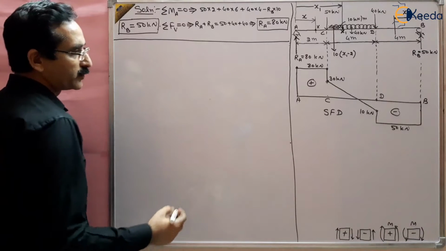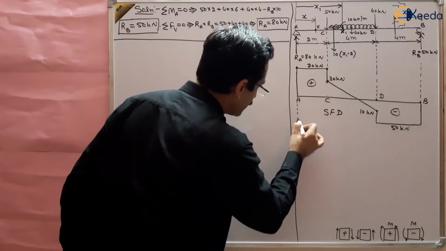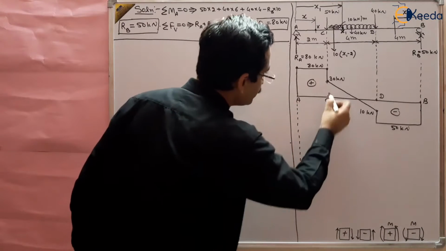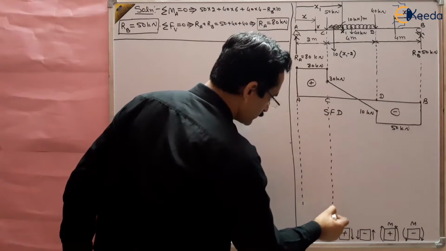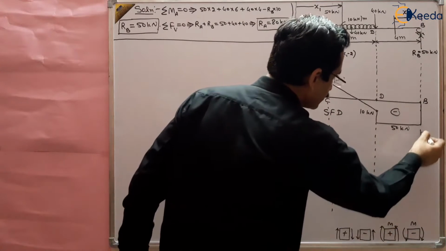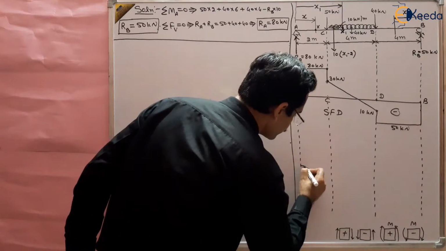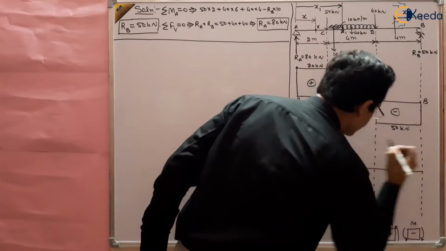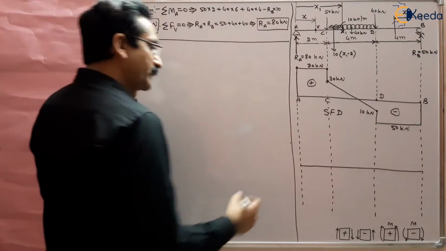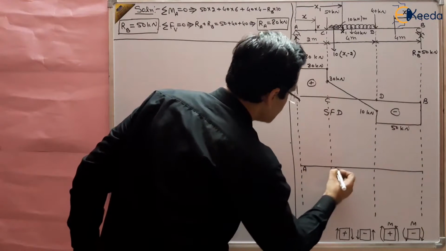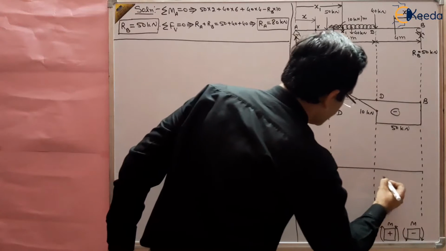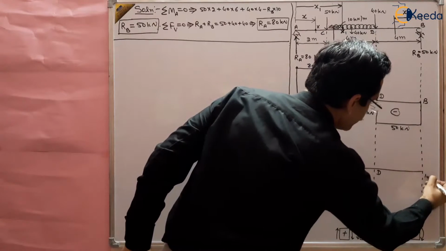Bending moment diagram. So let us draw here the bending moment diagram of this. This is our reference line A, C, and D and B, right?